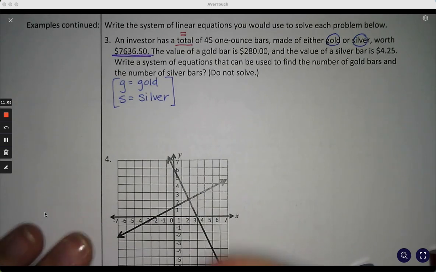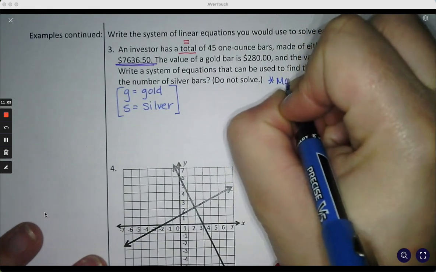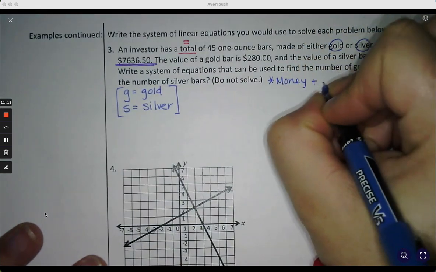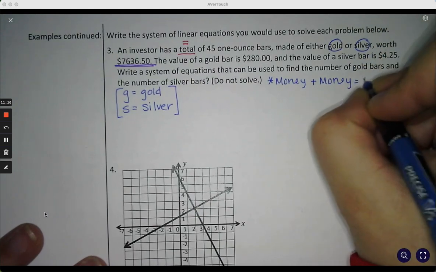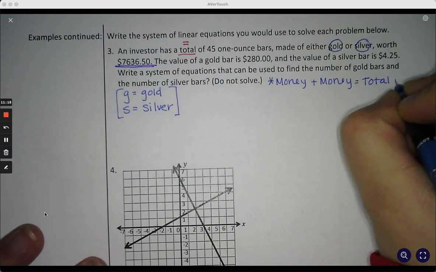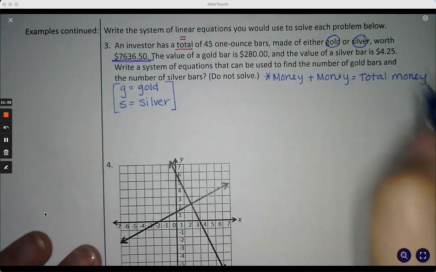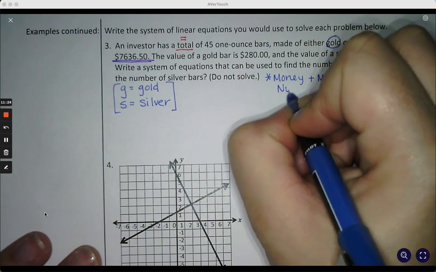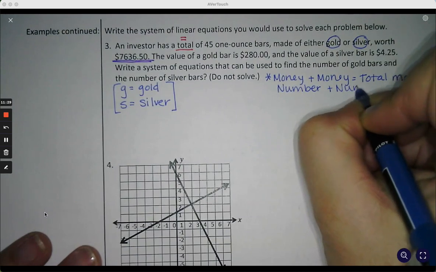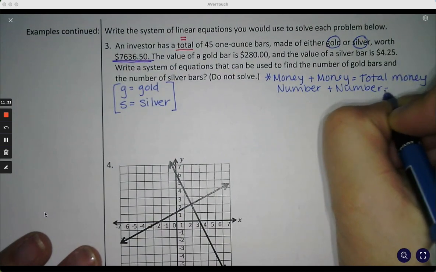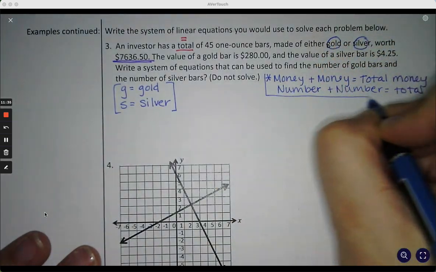Okay, so we'll have money plus money equals total money. Okay, and then we'll have number plus number equals the total.